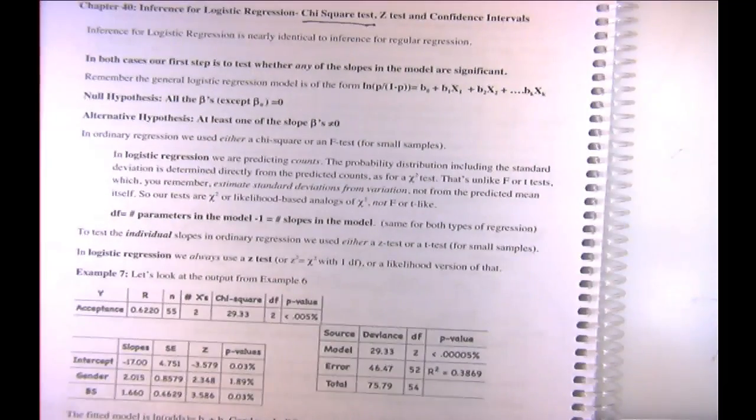If you know that 60%, 60 out of 100, of the people got into med school, then your mean is 0.6, and you know your standard deviation is the square root of 0.6 times 0.4. It's p, the percentage, times 1 minus p, and then you take the square root of that.